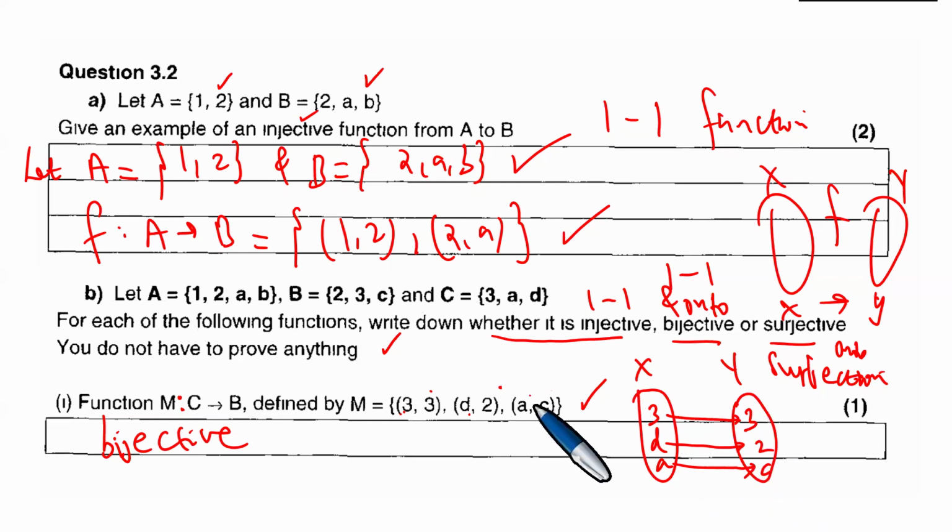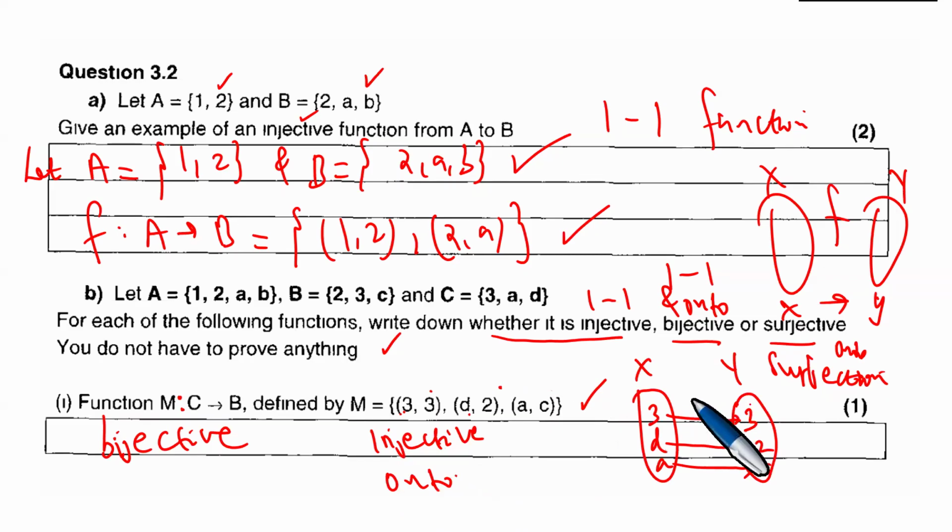Okay, this relation is said to be a one-to-one relation, what you call an injective relation, because every element is mapped onto a different element, or different elements go to different images. Also this function is onto, right?